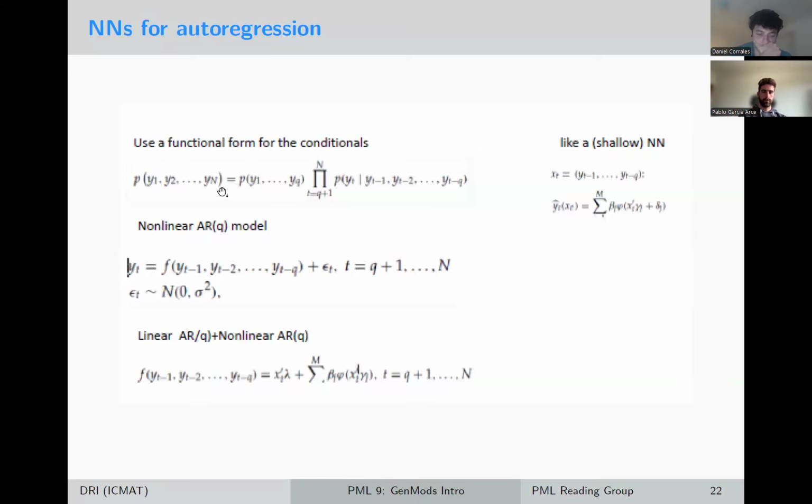The joint distribution of the n observations would be: we would have a distribution over the first Q, and then we make this assumption, YT depends on the Q before.